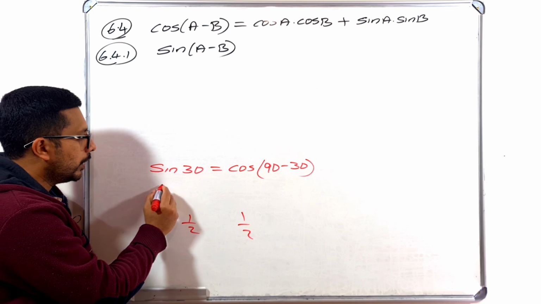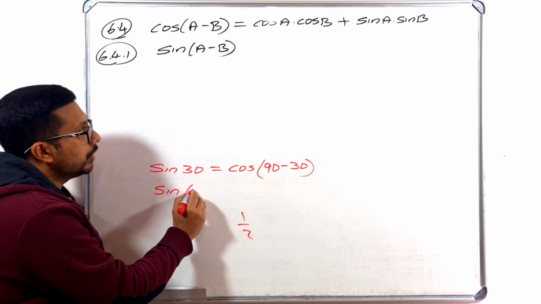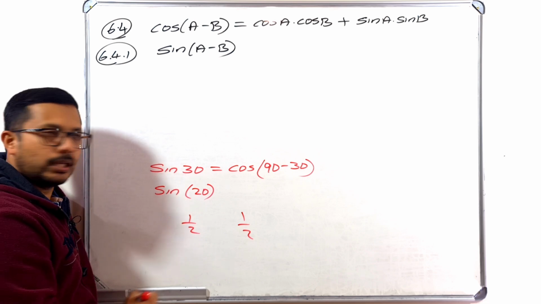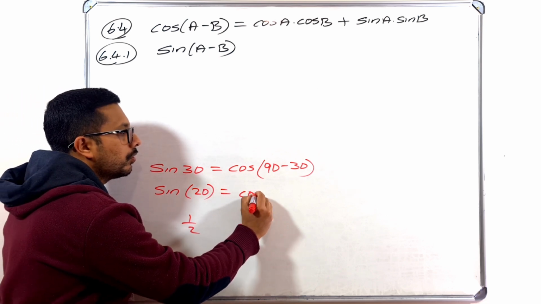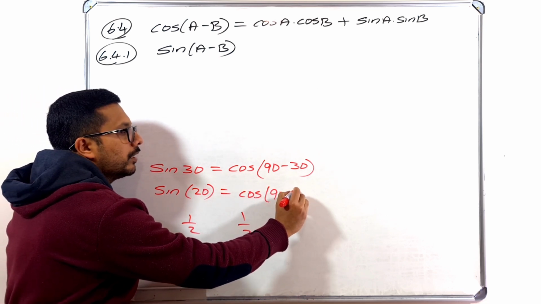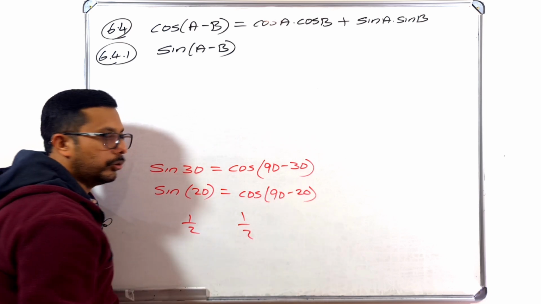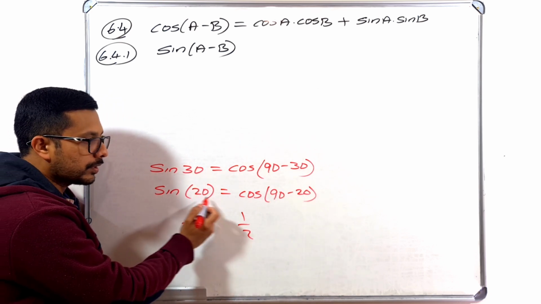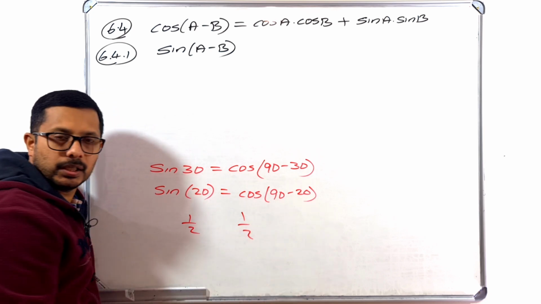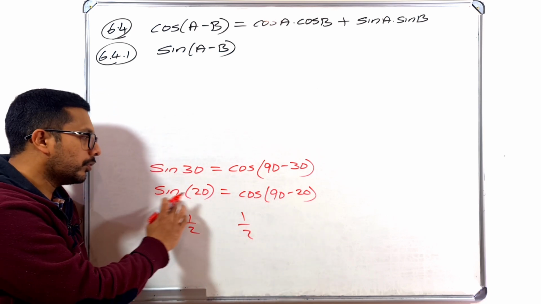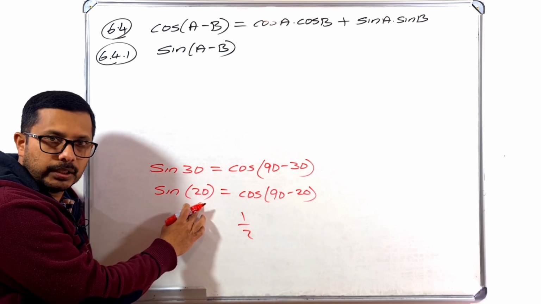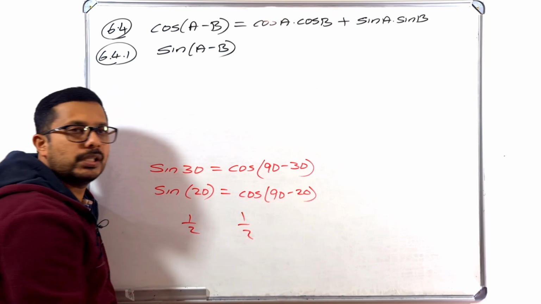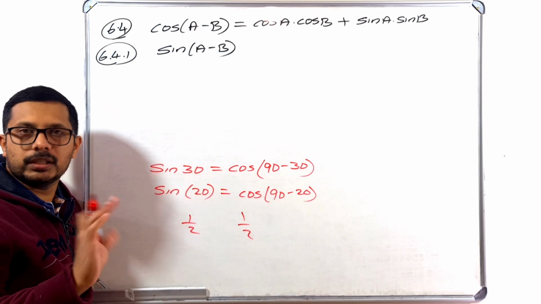Similarly, sine of, let's say, 20. How can I write this one? Cos of 90 minus 20. Do you understand? Sine of 20 is the same as cos of 90 minus 20. If you try to find the answer in your calculator, 90 minus 20 is 70, so cos of 70, you are getting the same answer.